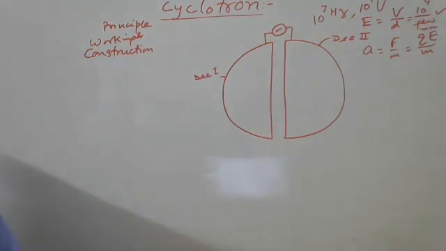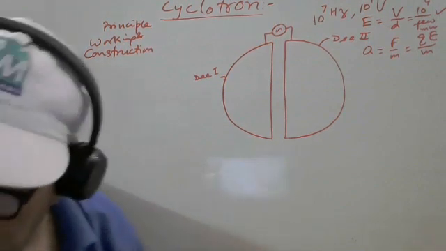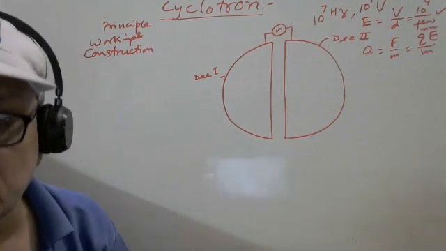So in a fraction of a second it accelerates and gets very high kinetic energy. We have converted the charged particle from rest to very high kinetic energy, and with very high speed, it can hit the target, and the target is normally a nucleus.